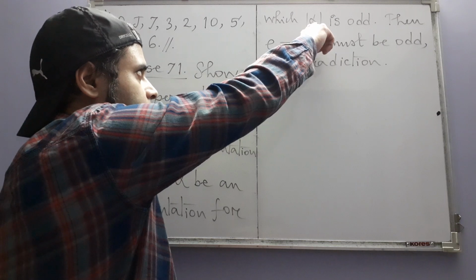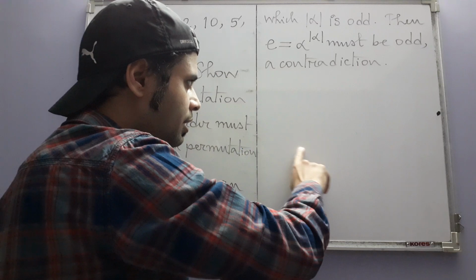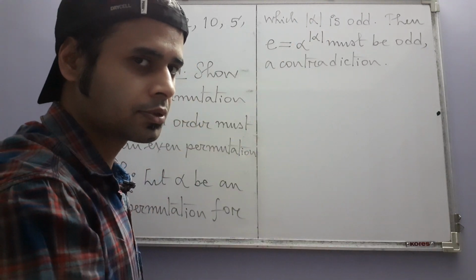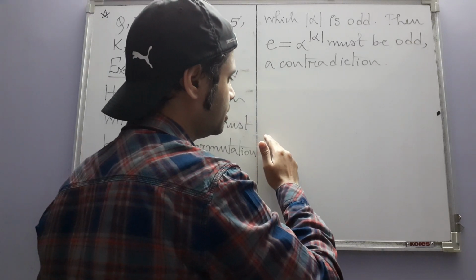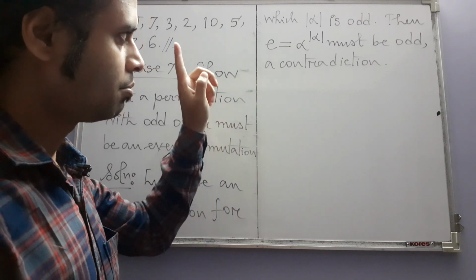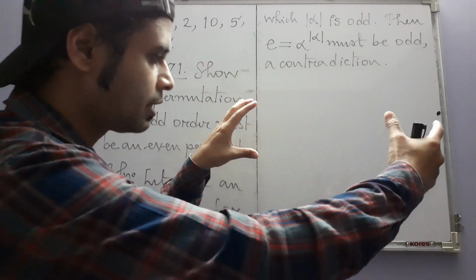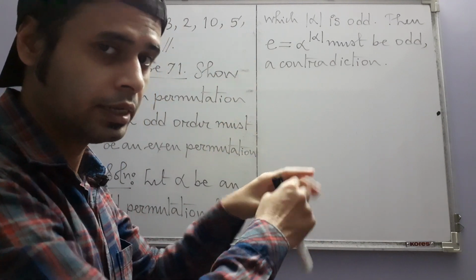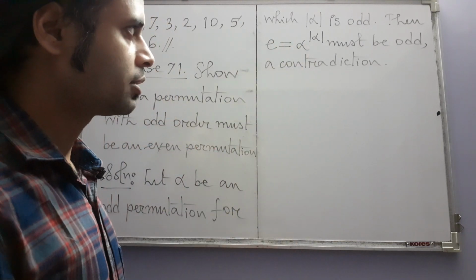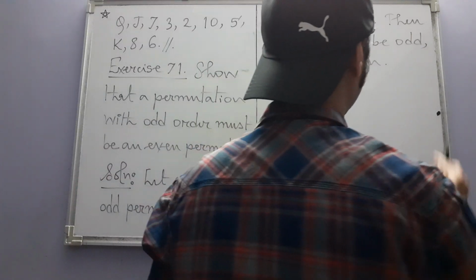So because our exponent is odd, an even number of copies, that is order of alpha minus 1, if we take that many alphas and take their product, that gives us an even permutation, but there is one extra alpha, and the product of this even permutation and that extra alpha, which is odd, is the identity. So the identity permutation must be odd, which is not true, we already know. So that is the contradiction.